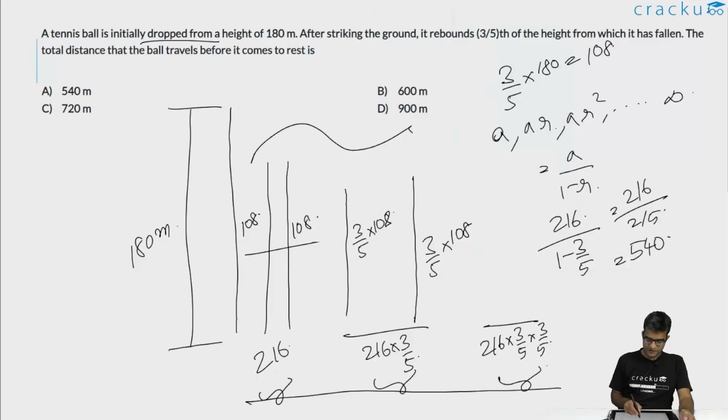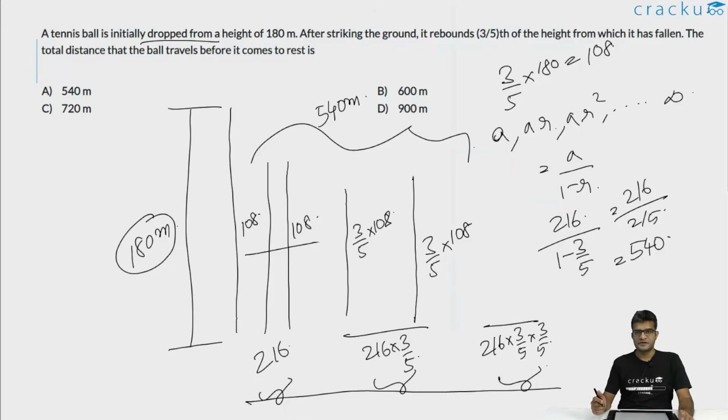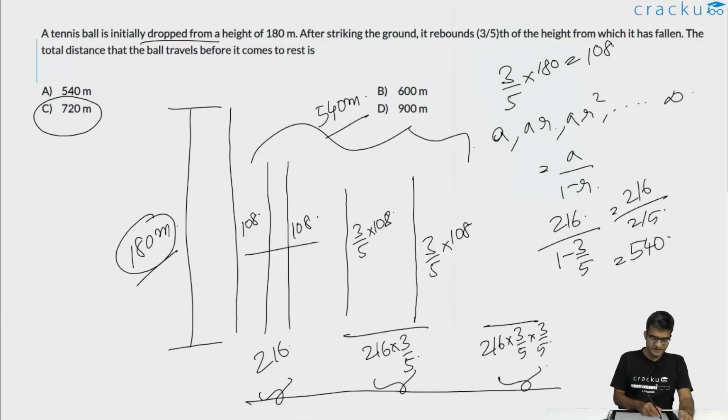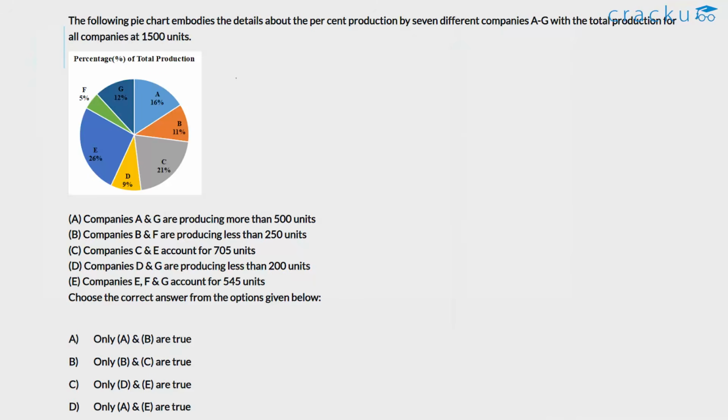So the sum of all of them is 540 meters, and don't forget the initial 180 meters that it dropped down. So the total will be 540 plus 180, which is equal to 720 meters, which is option C.